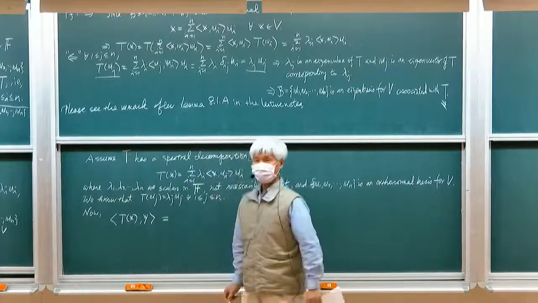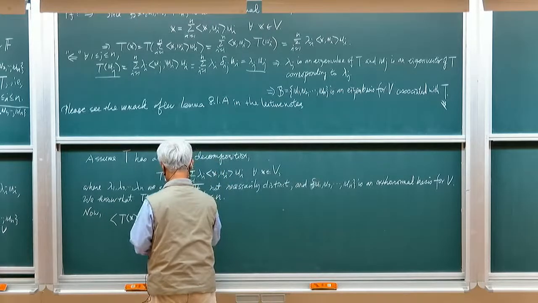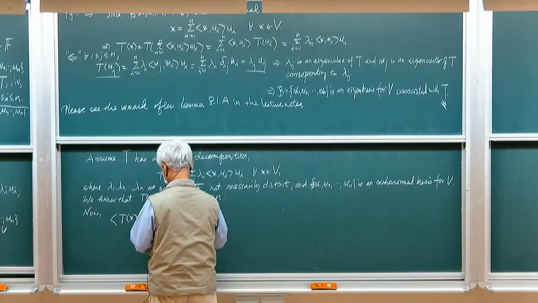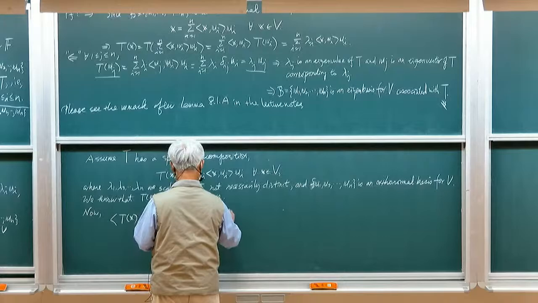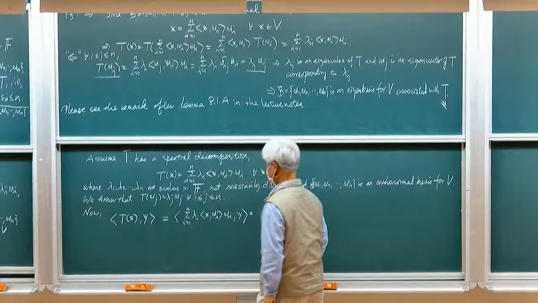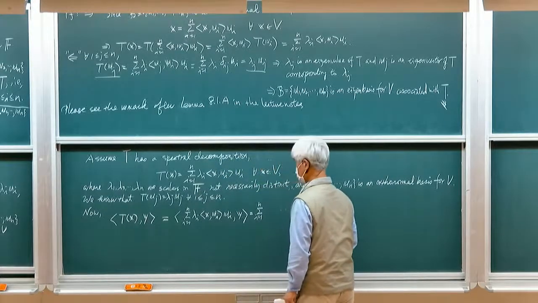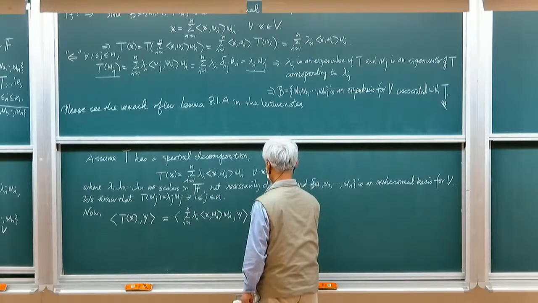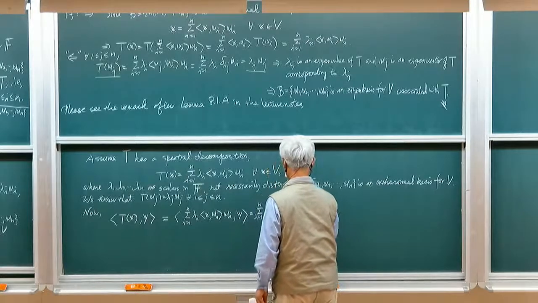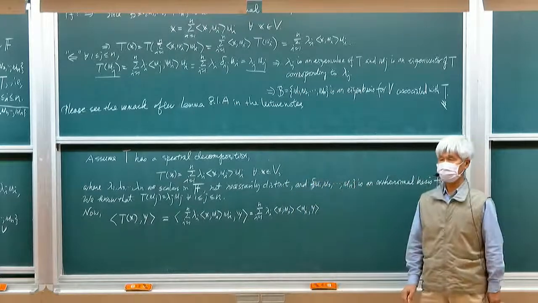Now we investigate this inner product, and by linearity of the inner product in the first argument, we have the sum of lambda_i, and then this is the inner product of x and u_i, and this is u_i and y. Okay, so we have this one.